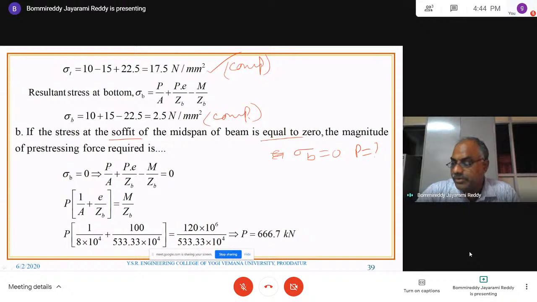So what you do is, sigma B means P by A plus P e by Z minus M by Z equals 0. Accordingly, substitute the various values and you will get P equal to 666.7 kilonewtons. So understanding this equation is important.